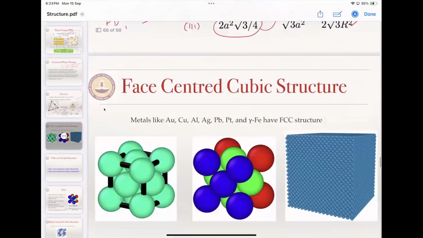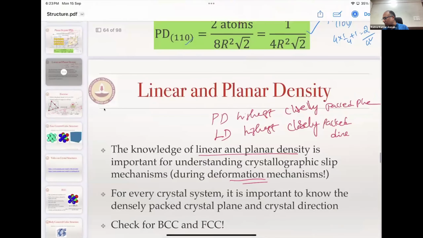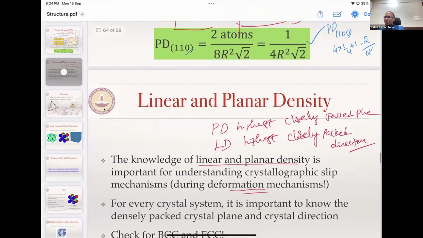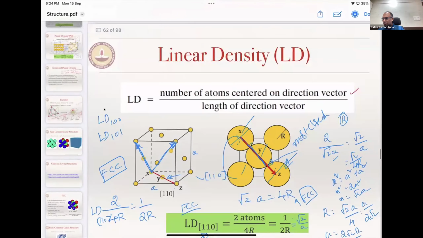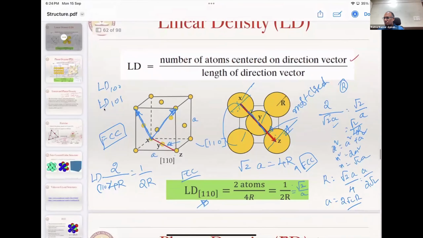Typically, when we want to understand crystal deformation in crystalline materials, it is very important that we have the information about the most closely packed planes and closely packed directions. So in an FCC material, we have seen the most closely packed direction is the 110 direction, isn't it?